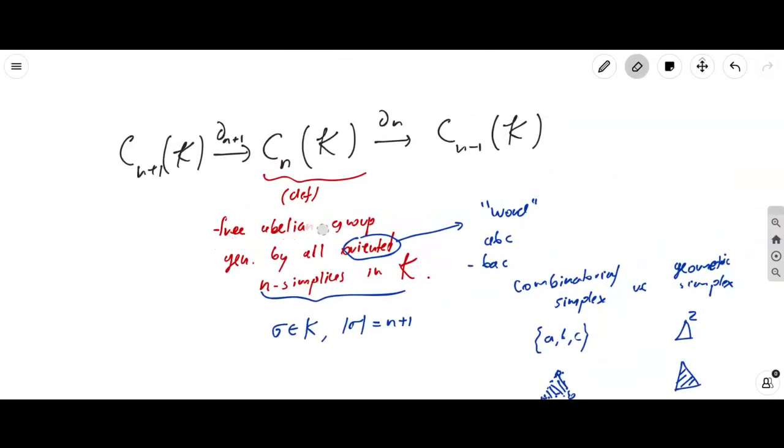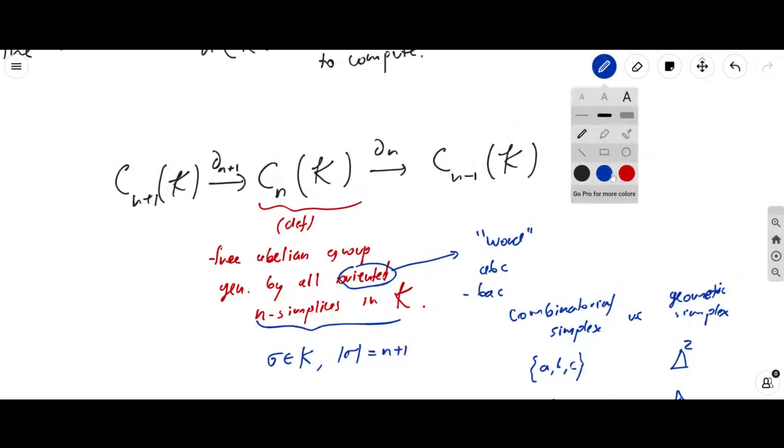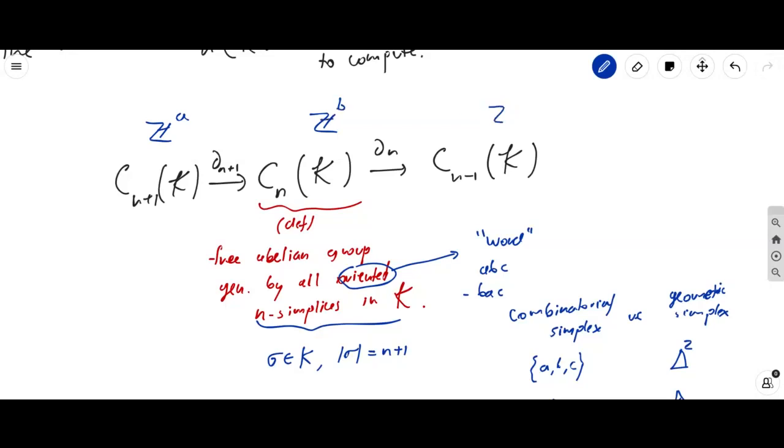This is a free abelian group, but it has a finite number of generators because there's a finite number of simplices. So whatever this group is, it's going to be isomorphic to Z to some power. This one is going to be isomorphic to Z to another power. Maybe I should actually do it like this. All of them are going to be isomorphic to various copies of Z, because these are just free abelian groups.